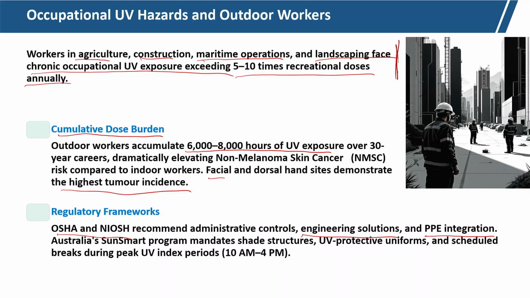Australia's SunSmart program, because in Australia the sunburn and chances of skin cancer are severe due to their location, heavy sun exposure, and to some extent ozone depletion, and they mandate shade structures. So, they are mandating that workers should work under the shade.